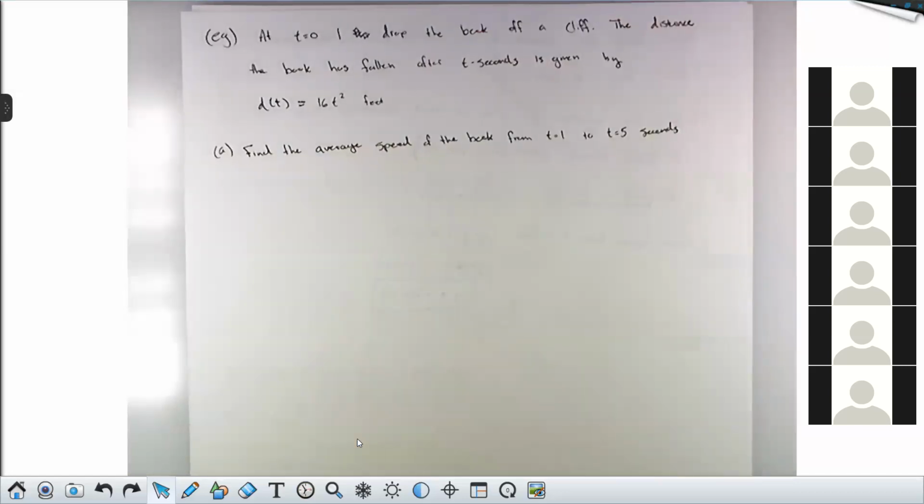That's not hard. That's just like the last example. Just remember that the average speed is the average rate of change for the distance function.